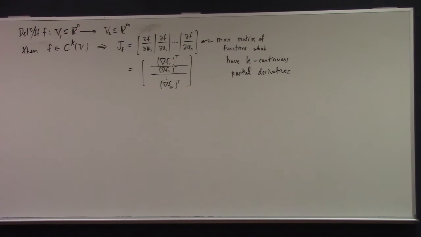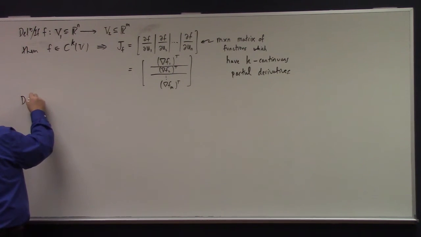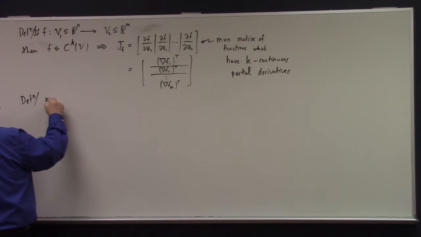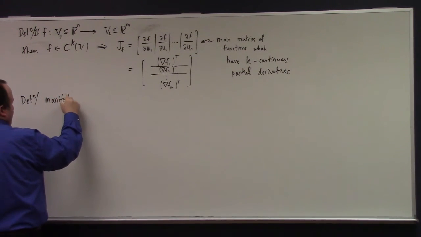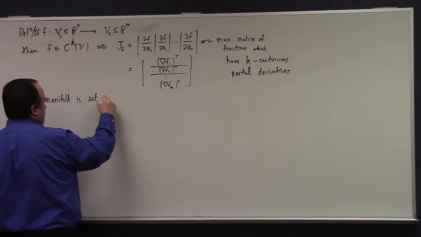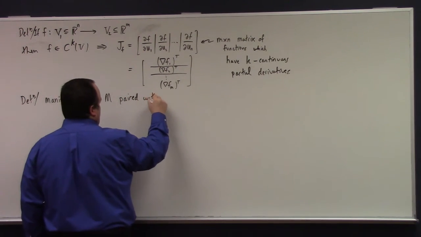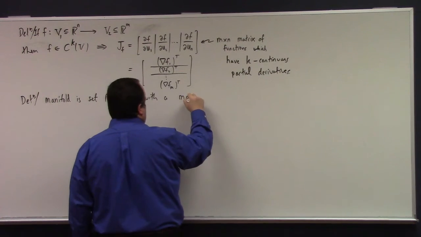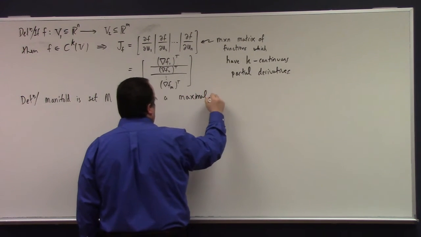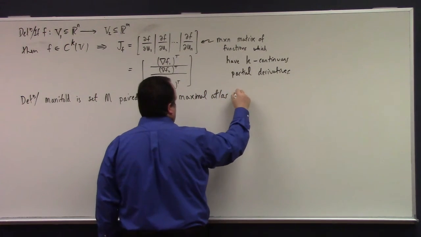The better definition perhaps is that a manifold is a set M paired with a maximal atlas A.